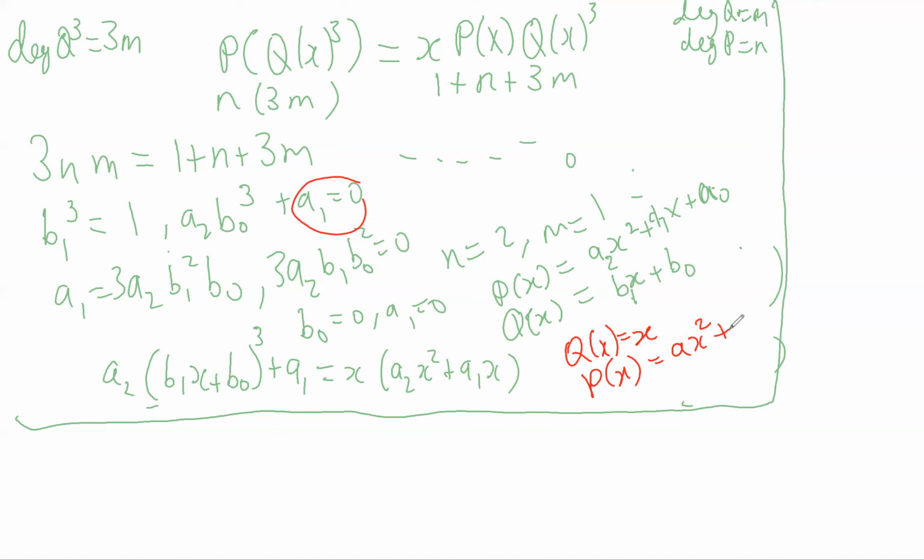And what about a0? Oh, we already know a0 is 0. Yeah, so then p is just a constant times x squared. Q of x is equal to x.